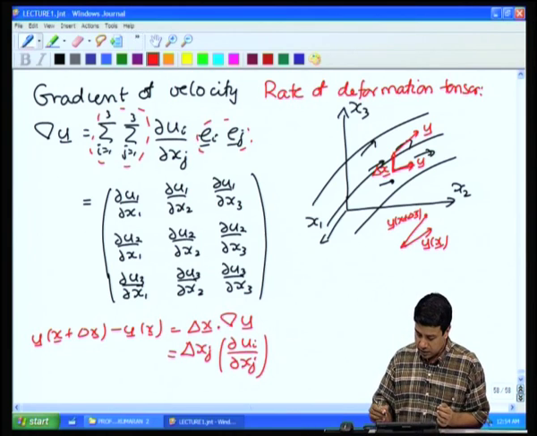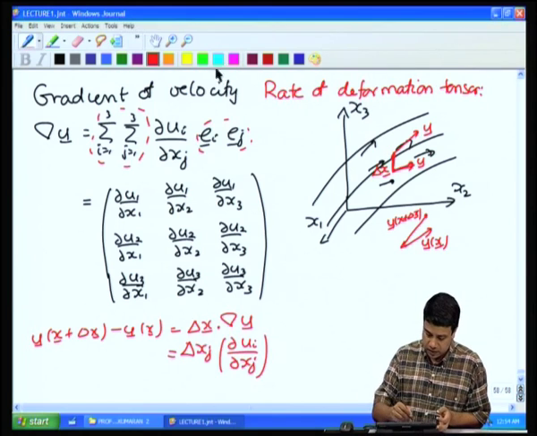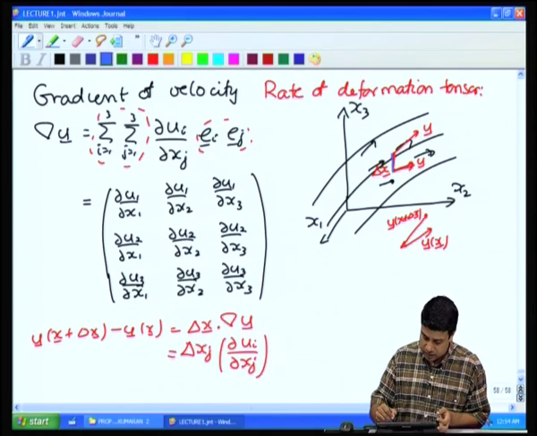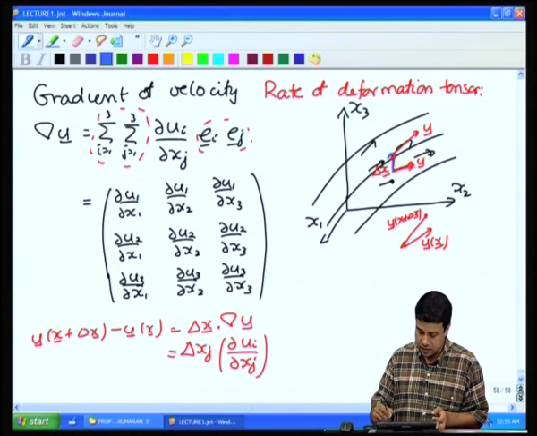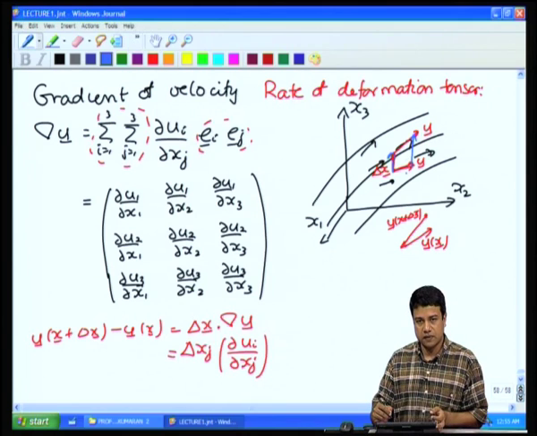If the difference in velocities has a component along the line joining the centers, along the distance between the two elements, that means that this material element is being stretched.